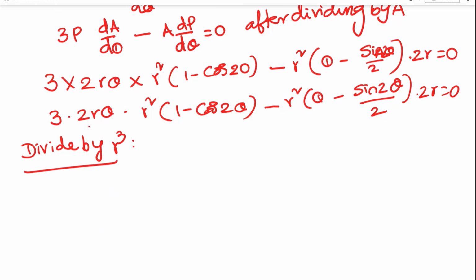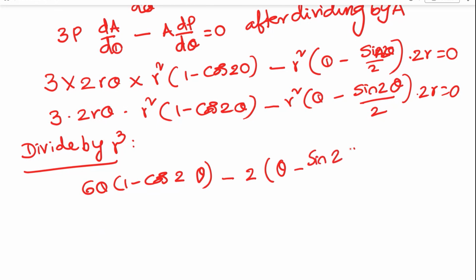Therefore, how much is remaining here? 6 theta into 1 minus cos 2 theta minus, r square gone, r gone, 2 into theta minus sine 2 theta by 2 is equal to 0.